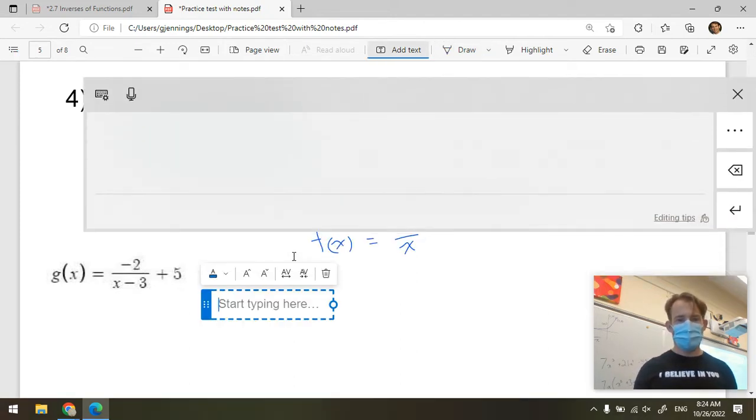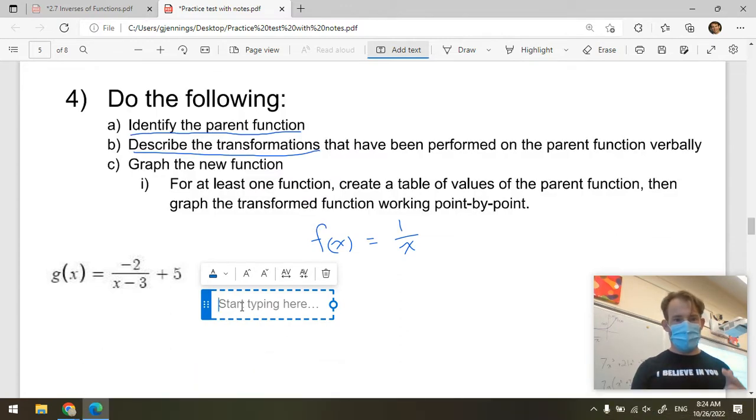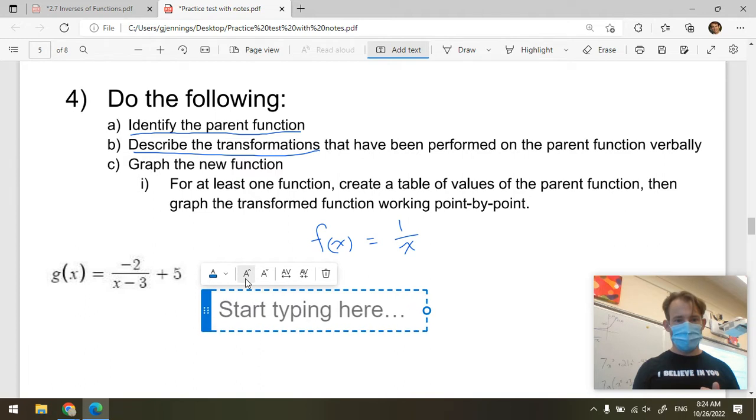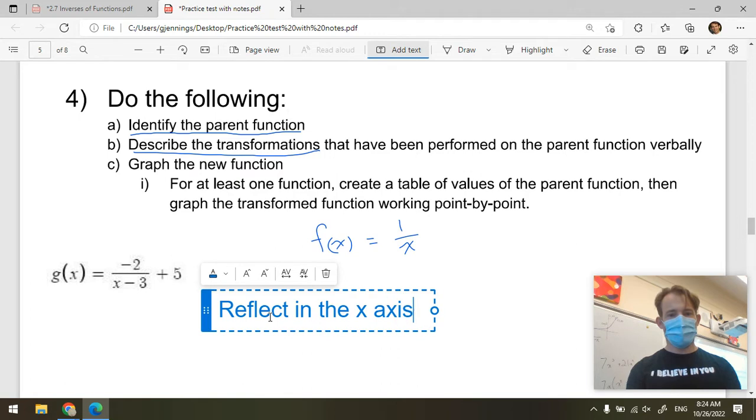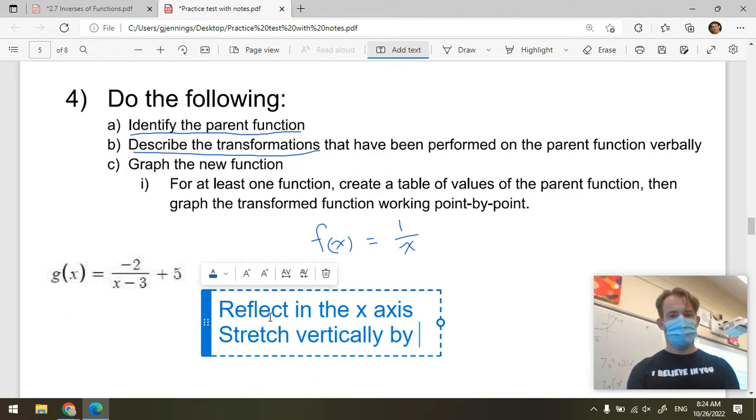So in this case, our transformation, let's get that big box out of the way. We're just going to go with a bigger font here. And then we're going to say, well, this first reflect in the x-axis and stretch the function vertically by factor 2.